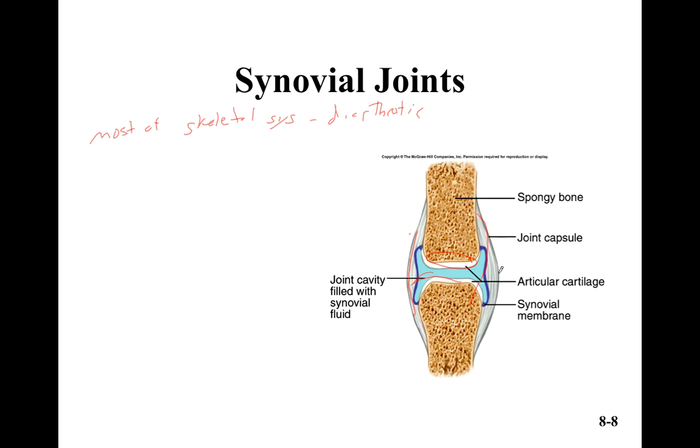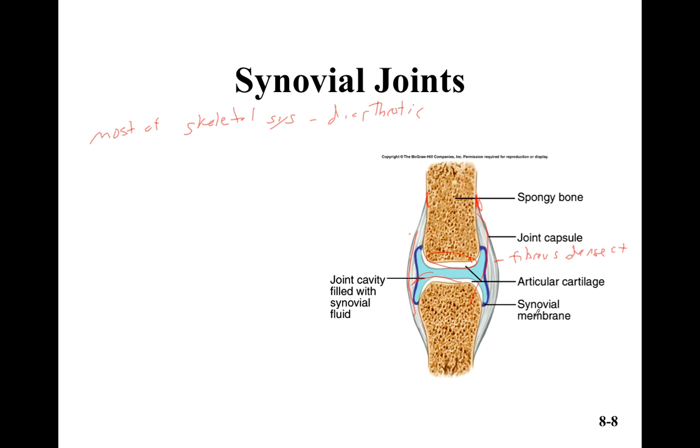The outer layer is the fibrous layer, and that's made of dense connective tissue. That holds the capsule to the periosteum. So this outer fibrous layer ends up being continuous with the periosteum of the bone.